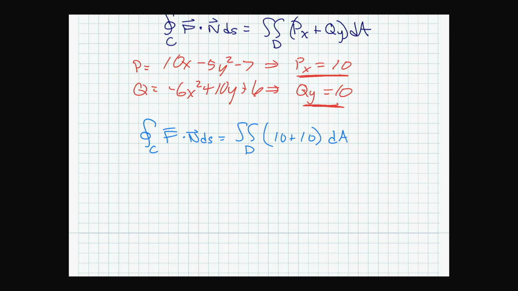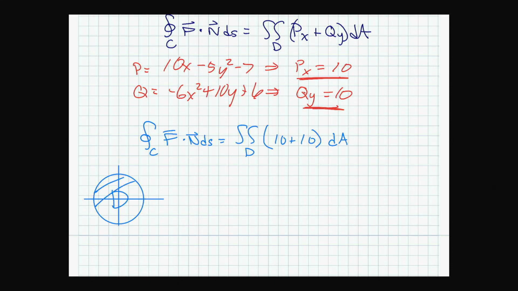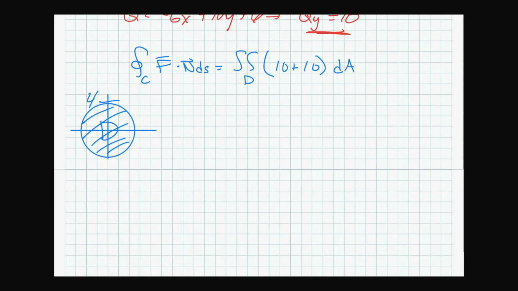And we know that our region is the inside of this circle, and that's radius 4. So just use polar coordinates. That's an easy integral, right? We can still do polar coordinates for Green's theorem here.